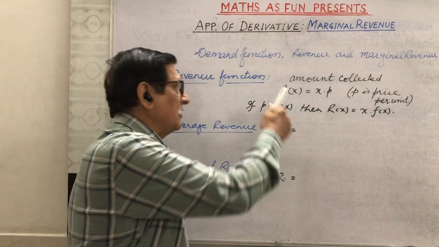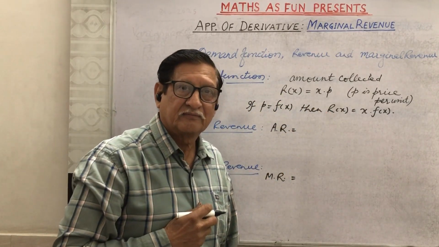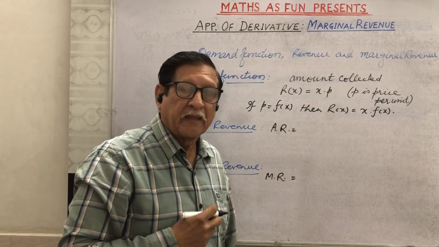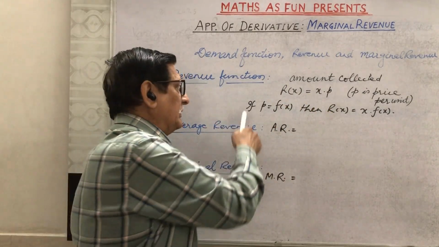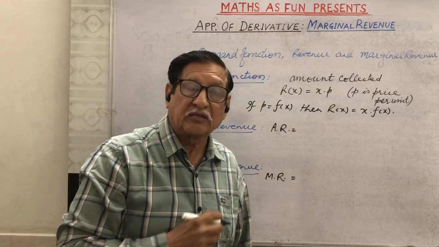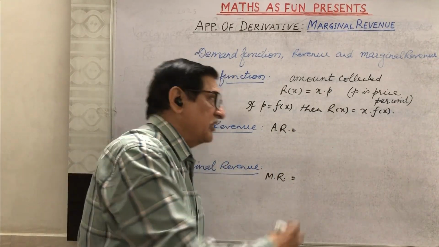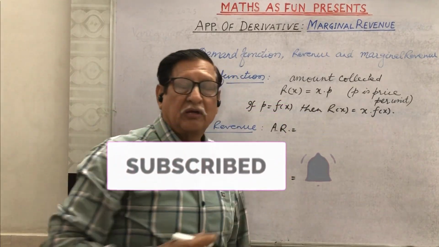Then the revenue function R(x) will be equal to x into p. If we represent the price per unit p in terms of x, that is p = f(x), then the revenue function R(x) will be x into f(x).